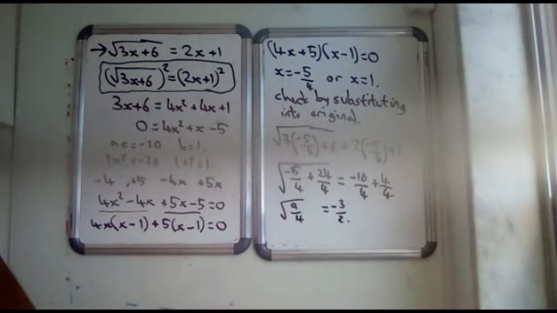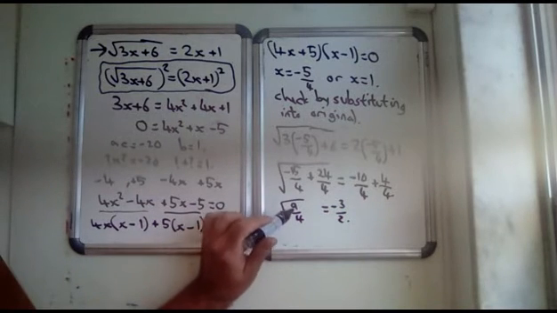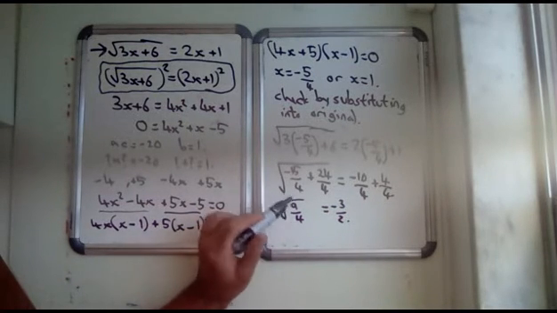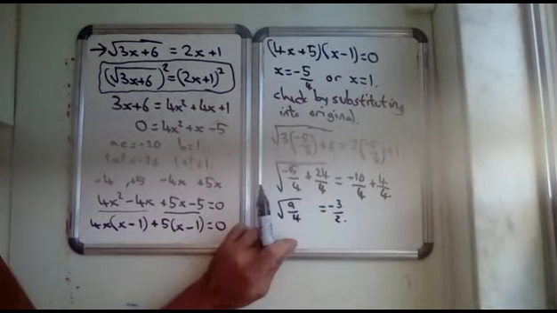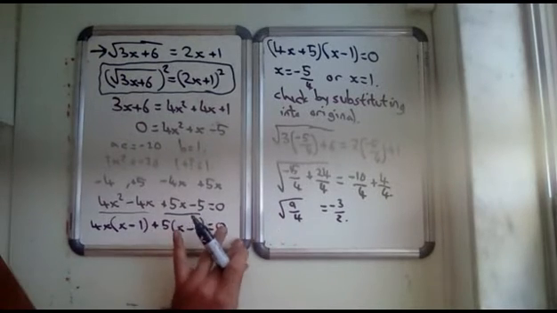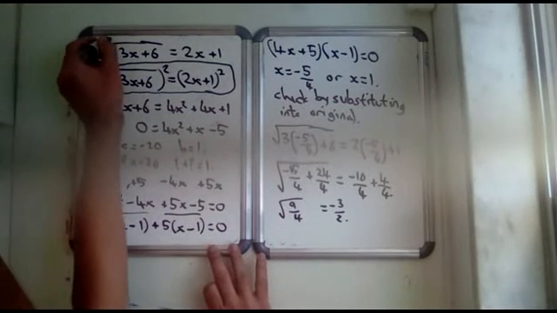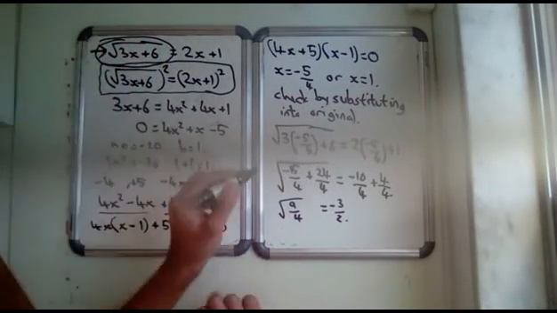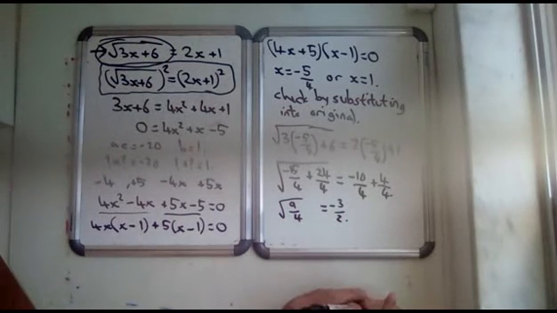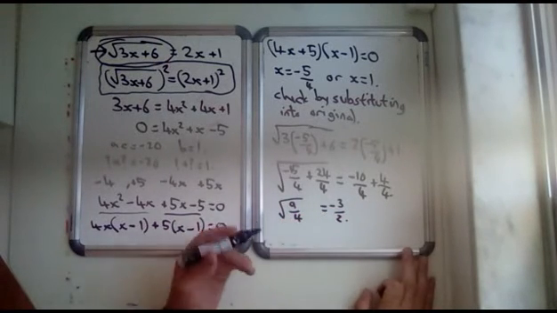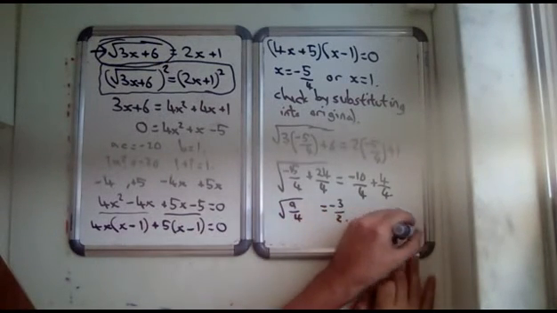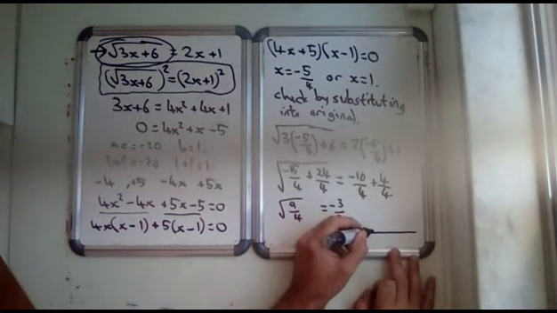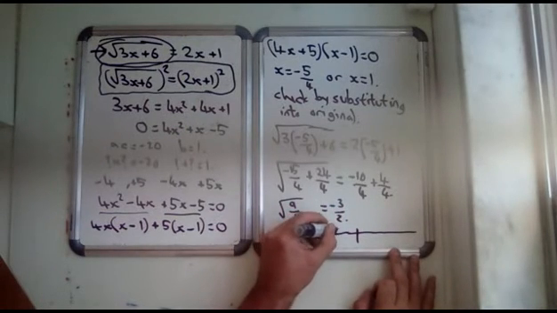Now, you may be tempted to look at this and say, well, if I square root this, I get plus or minus 3 over 2, and I understand that. But the problem is, if you consider this original function, the square root of 3x plus 6, because it's a function, it's going to look something like that.